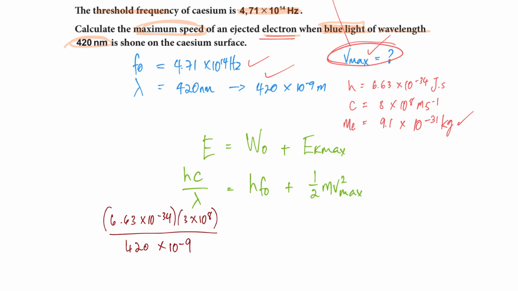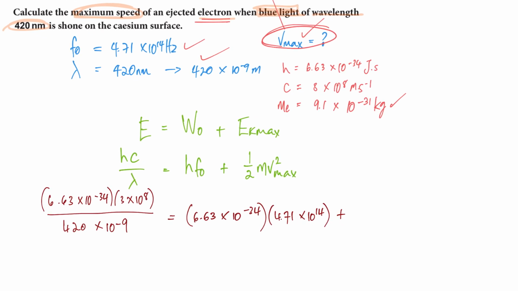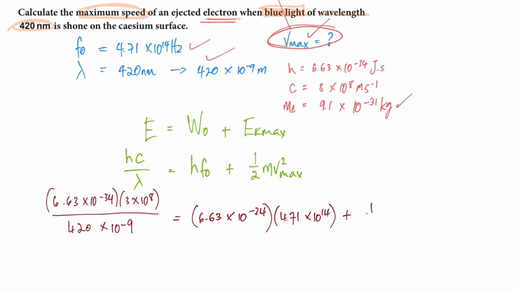That equals h again, which is 6.63 times 10 to the power of negative 34, all multiplied by my threshold frequency, which is 4.71 times 10 to the power of 14, plus, half, my mass of my electron is 9.1 times 10 to the power of negative 31, all multiplied by V squared max.